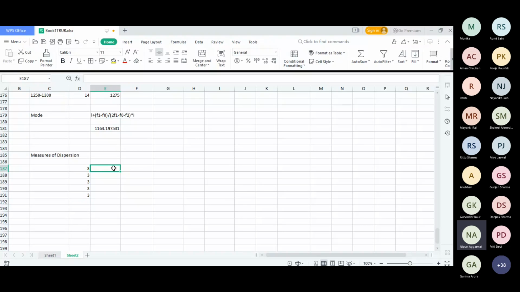Another data set will be 1, 2, 3, 4, 5. So these are my two data sets. Now we want to represent this data. If we are calculating the measures of central tendency, what is the mean of this data?